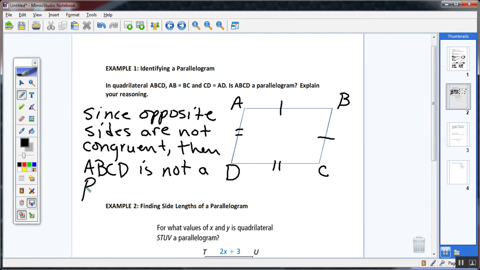Not a p-gram. It's not a parallelogram. Yeah, I had that right. So again, one of the properties, in order to be a parallelogram, is that opposite sides have to be equal, don't they? Is that happening here?